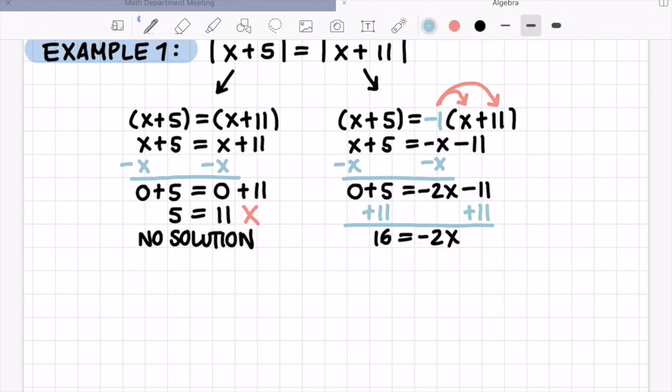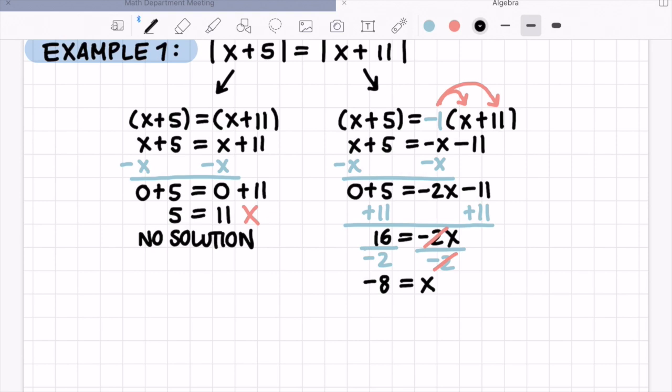And what I want to do now is do the opposite operation, which is dividing by negative 2 on both sides. 16 divided by negative 2 gives me negative 8. And that equals negative 2 divided by negative 2. Those two cancel out with each other. And so all I'm left with is x equals negative 8.